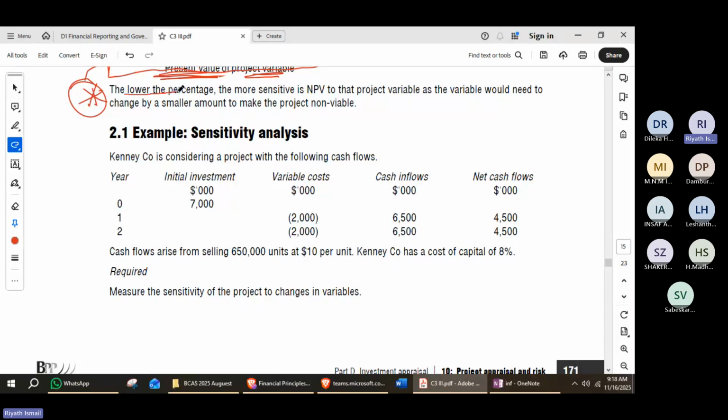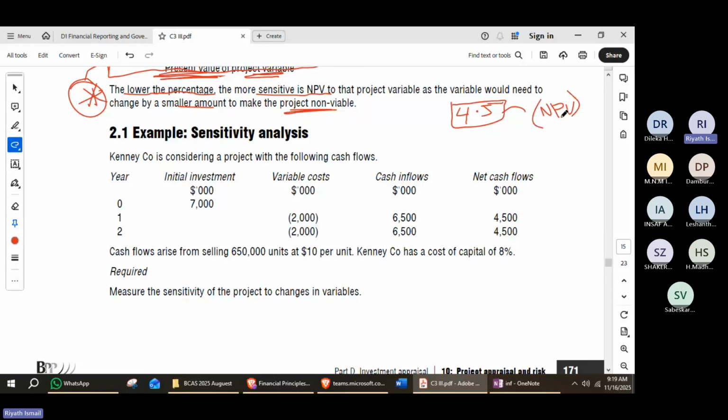The lower the percentage, the more sensitive NPV is to the project variable, as the variable would need to change by only a small amount to make the project non-viable. This means that for some variables, a small change will make the NPV negative.